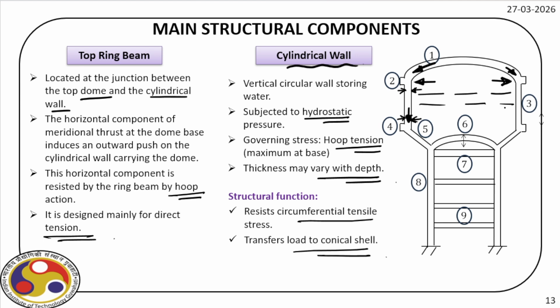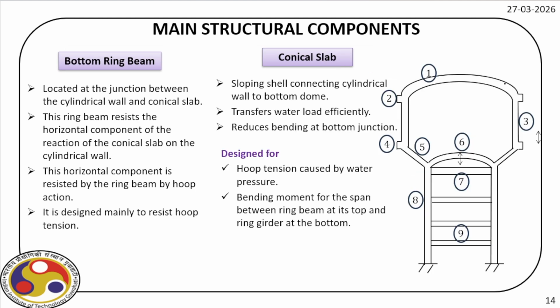Okay. So here we have this shell structure. We'll see in a minute. Now, once we deal with these side walls, the cylindrical wall, the next structural component is the bottom ring beam. So it is located at the junction. As you can see here, this is the bottom ring beam. So it resists the horizontal component of the reaction of the conical slab on the cylindrical wall.